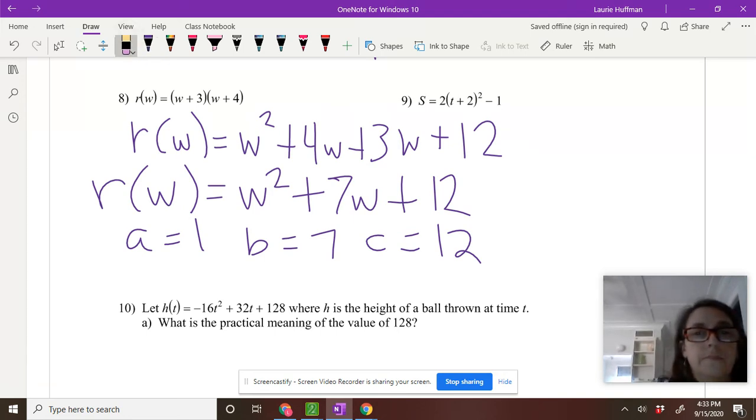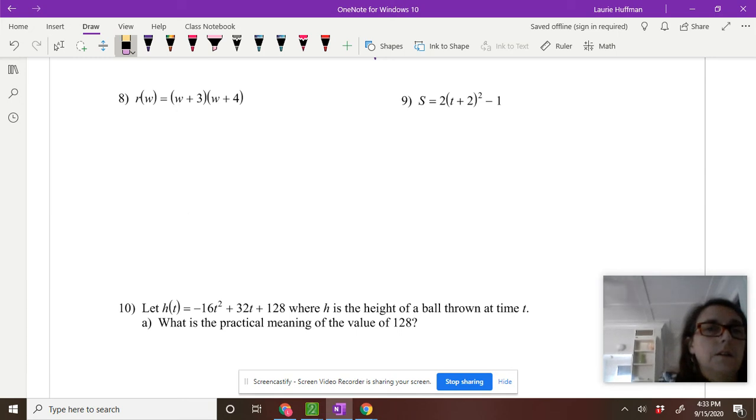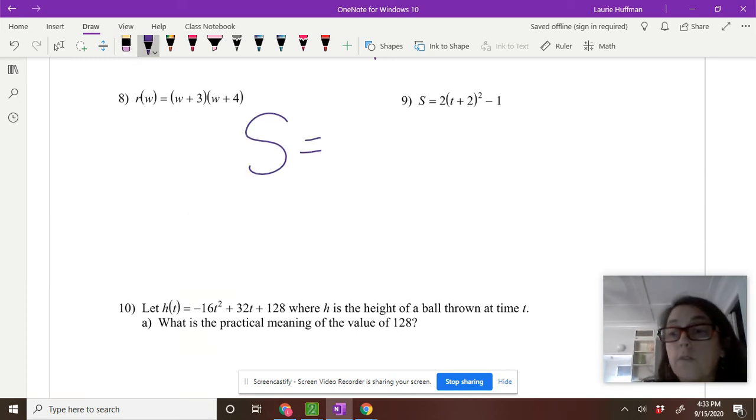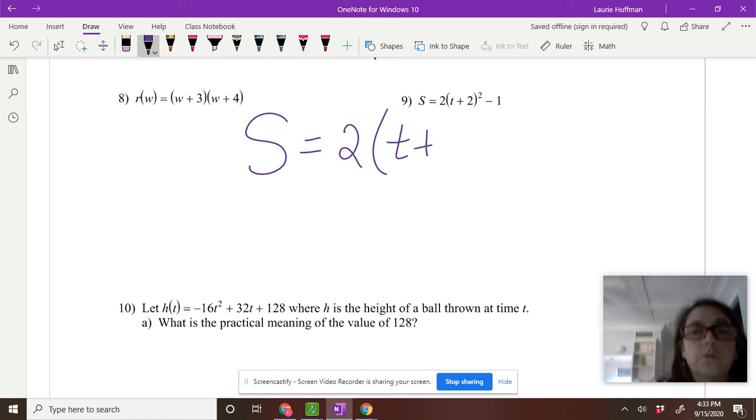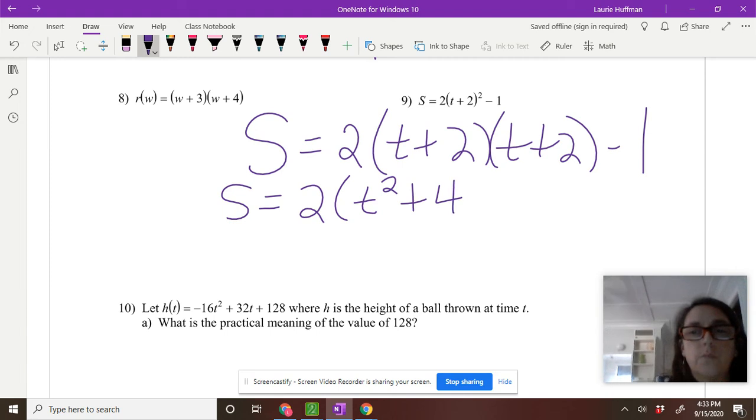Okay, let's do the other. Erase this just for some space. And then S is, now I'm going to do order of operations. Exponents go first. So 2 times, and then I need t plus 2 times t plus 2, and then I'm going to subtract 1. So 2 times, and then if I multiply that all out, that's going to be t squared plus 4t plus 4 minus 1.